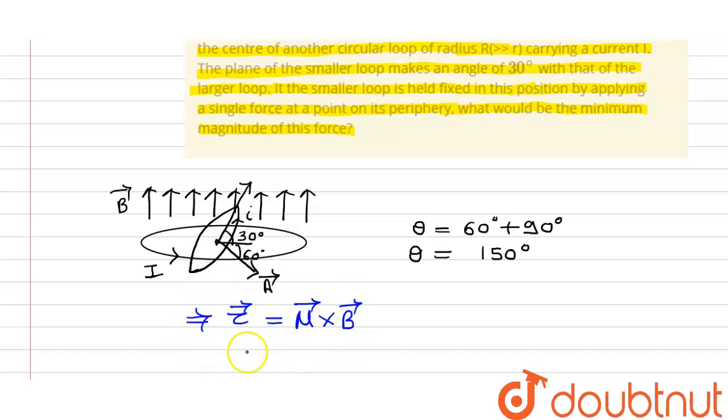What is the magnetic moment of the smaller loop? We know that it is given by current multiplied by area. The area of the smaller loop is pi small r square. So the magnetic moment will be the current small I flowing in the smaller loop, multiplied by the area of the smaller loop, which is pi small r square.